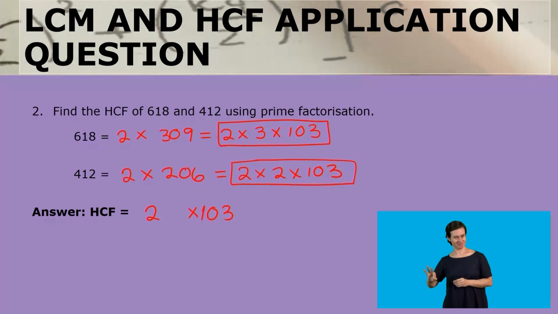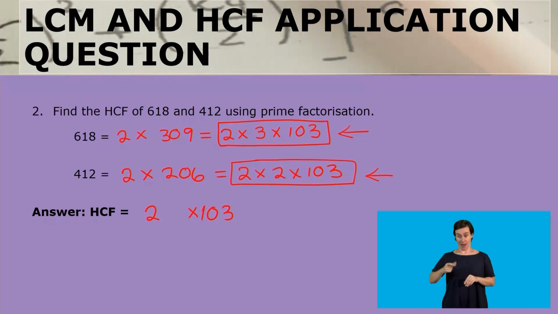But before we can just multiply, we need to make sure that we have taken the ones with the lowest frequency. So we are going to look at the 2 and the 103 in the first block there. 2 only appears once, 103 only appears once. And then when we look at this second block here, we have 2 appearing twice, and we have 103 appearing once. We are looking for the lowest frequency.